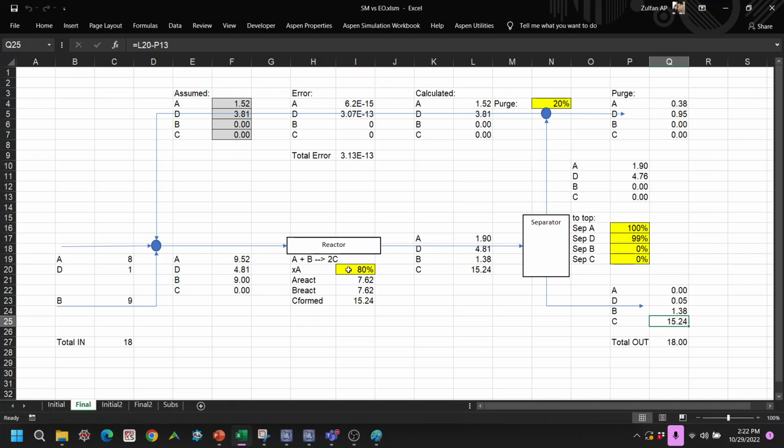If it doesn't have any side reactions, it's only a function of temperature in this case. Also, it's a function of this purge, right? Because the more you purge, the less A goes back into the system. That means if A is lower, you will have a lower product, right? So you can do something like that. Okay.